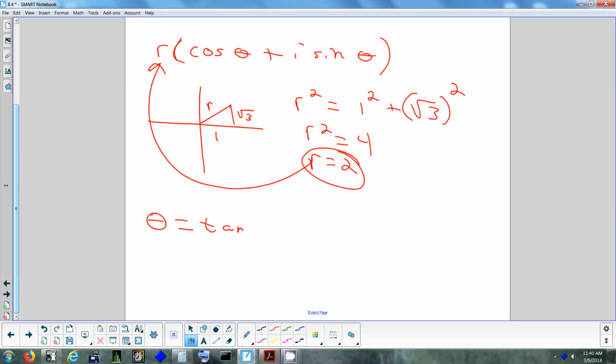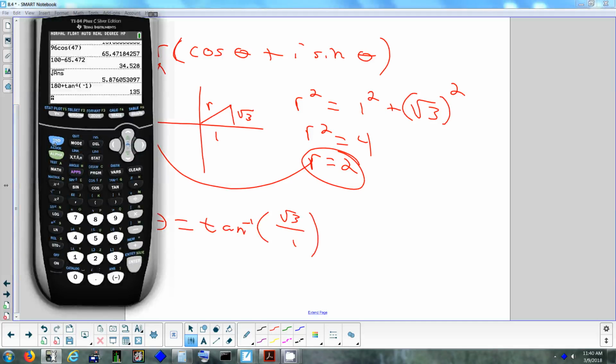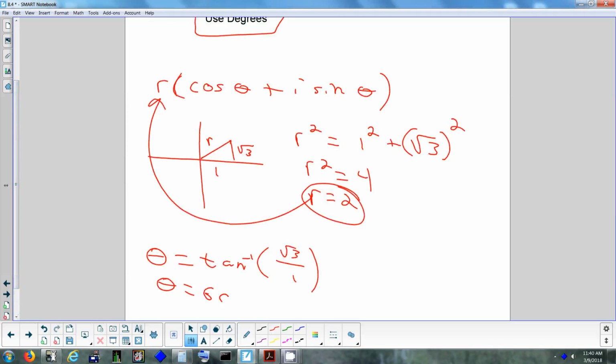It's the inverse tangent of y over x. In this case, x is just a 1, so you really don't even need it. So it's inverse tangent of square root of 3. Theta is 60 degrees.